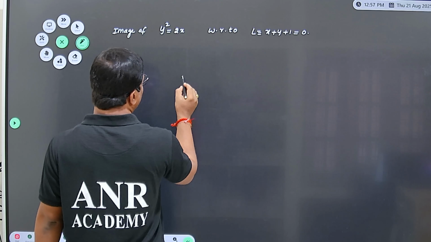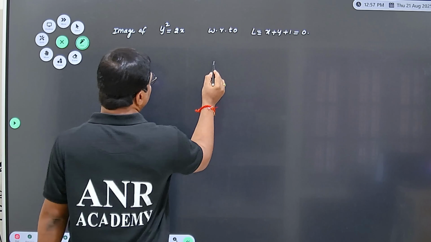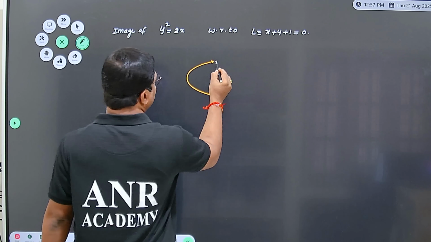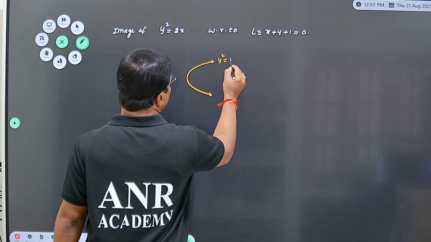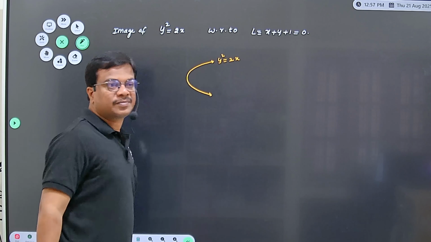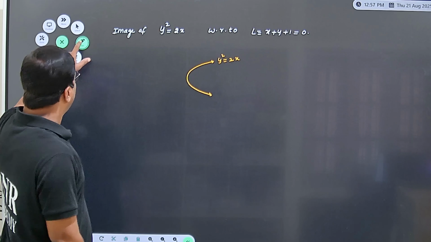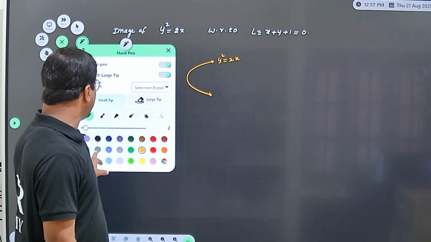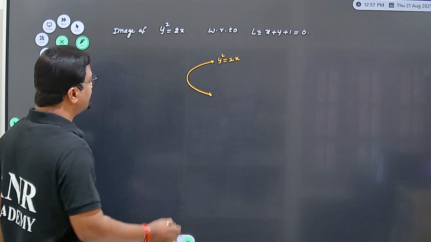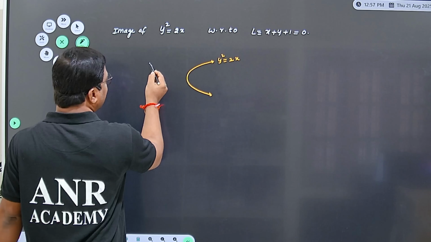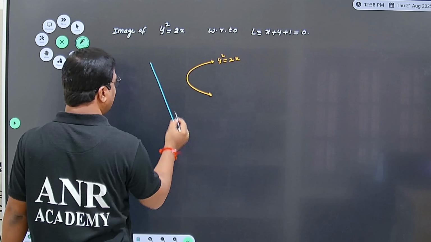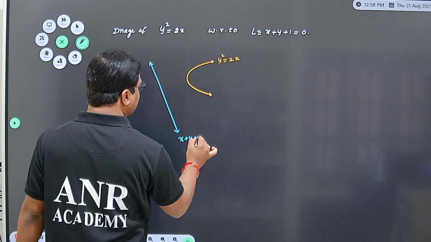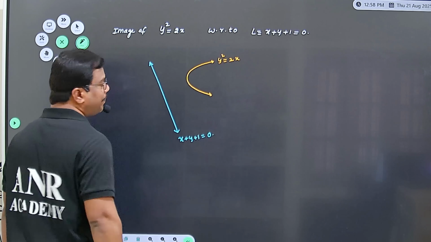Suppose the given curve is y square equal to 2 times x. Next, there is a straight line whose equation is x plus y plus 1 equal to 0.